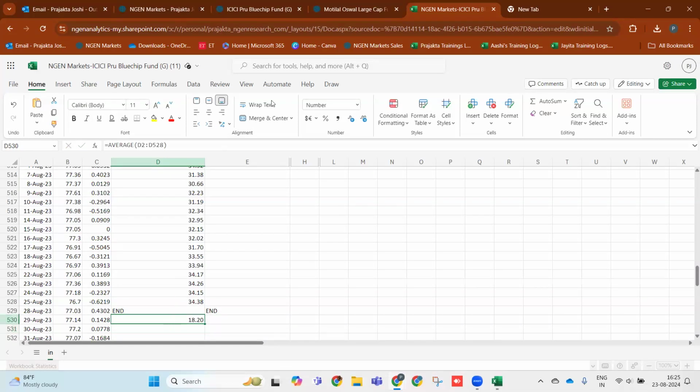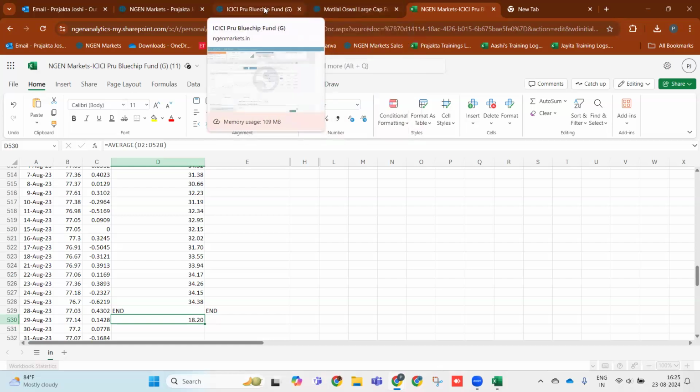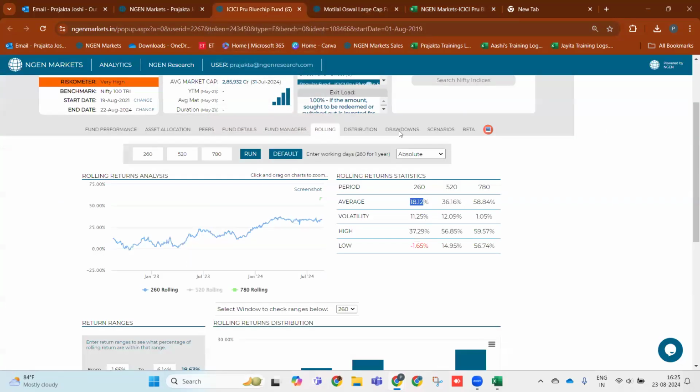That's 18.20, right? There would be differences of decimals, but this is typically what this is. This is the average of the entire line chart that you can see right here on the platform.